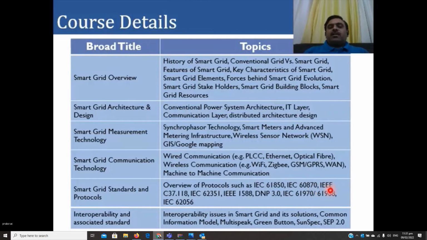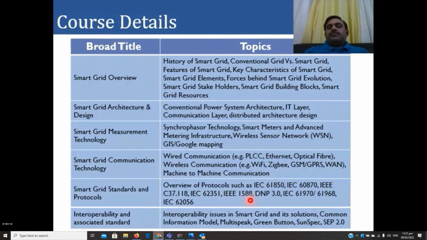We'll discuss IEEE C37.118, which is used in synchrophasor technology. We'll also discuss IEC 62351, which is a cybersecurity standard for various power system protocols. We'll discuss IEEE 1588, which is nothing but the precision time protocol.